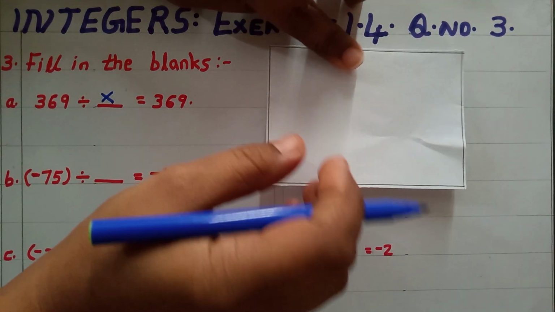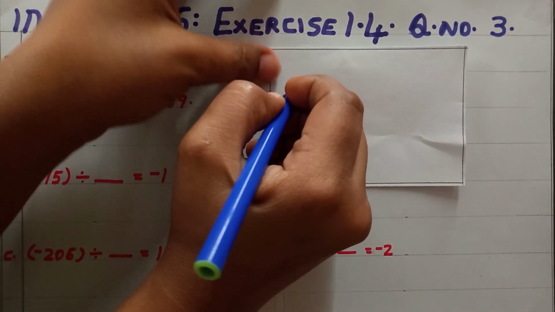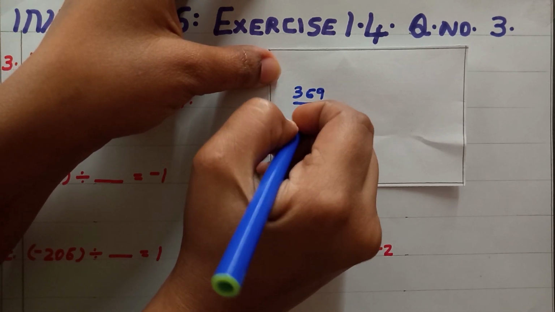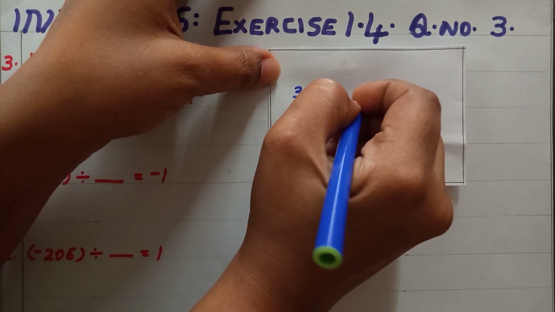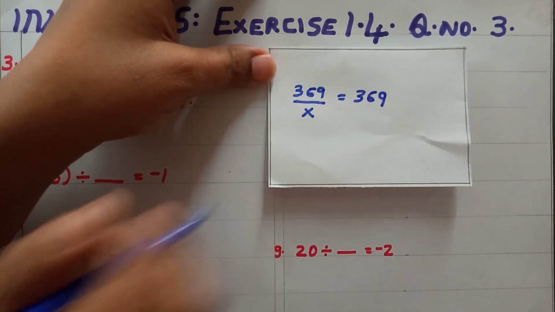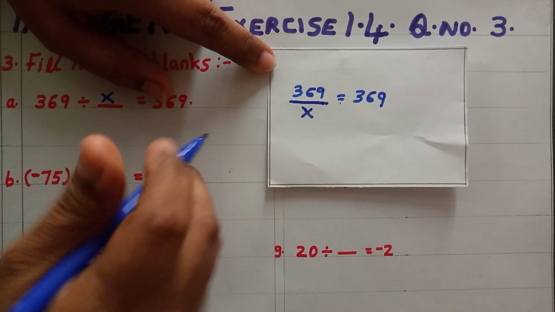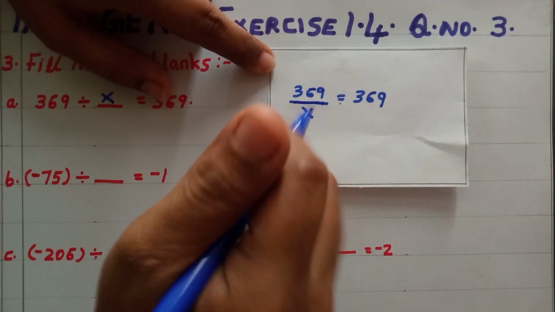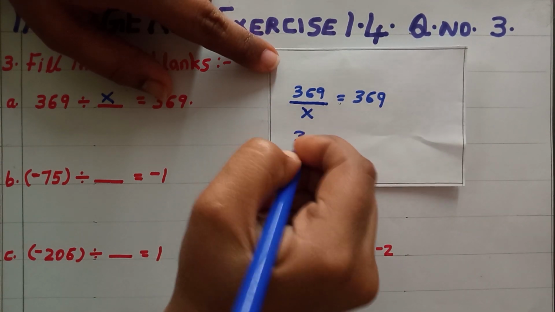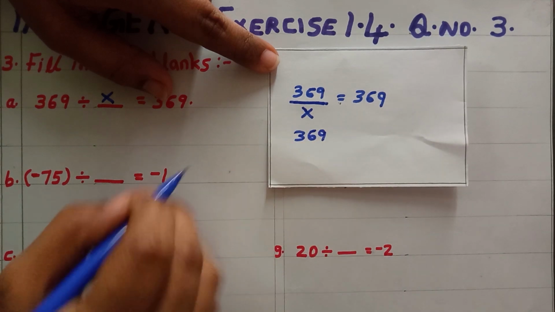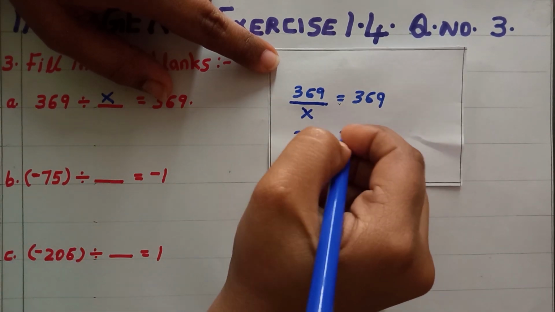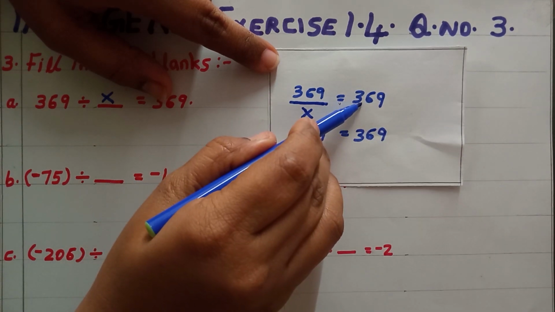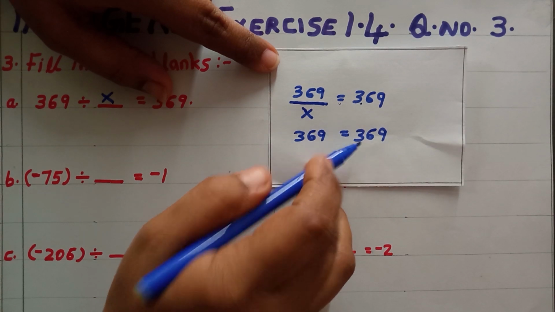369 divided by x equal to 369. Since this is division, if we are taking this x to the other side, it will change into multiplication. So, this 369 will be as it is. Now we are going to take this x to the other side. This 369 is the host here.